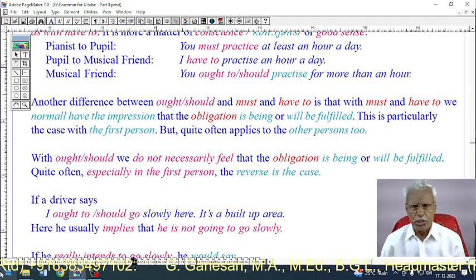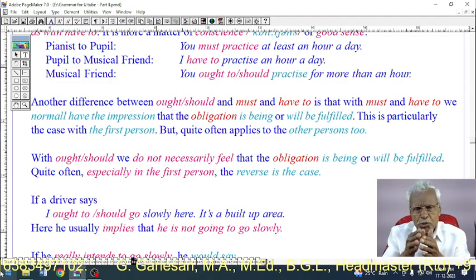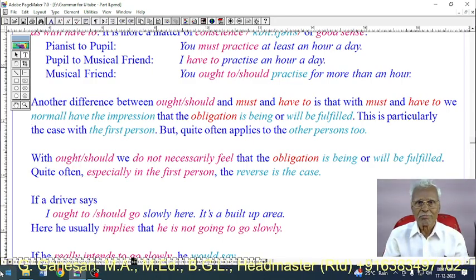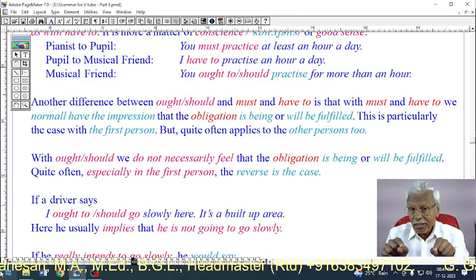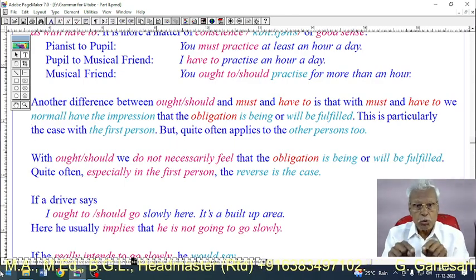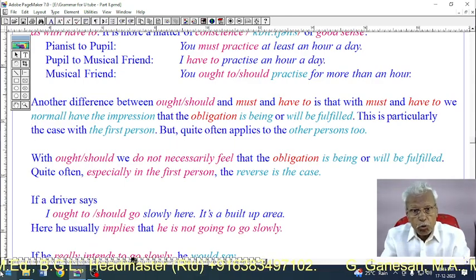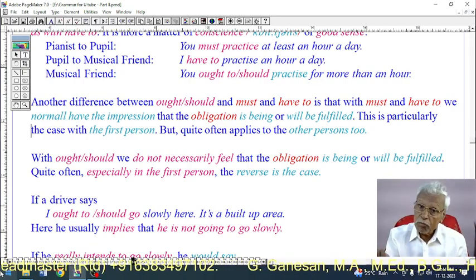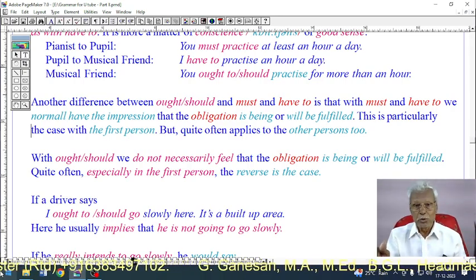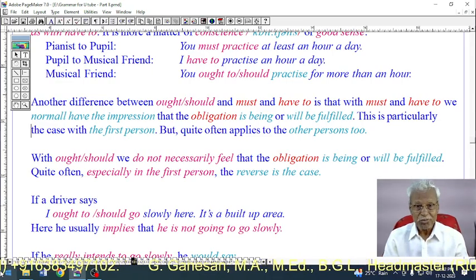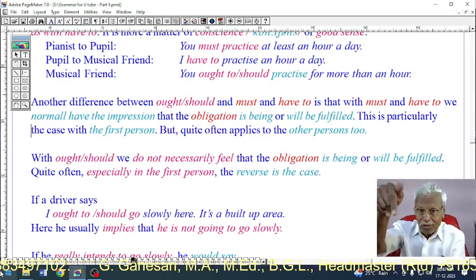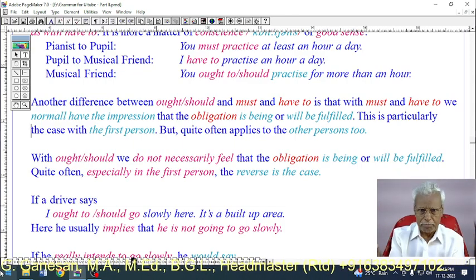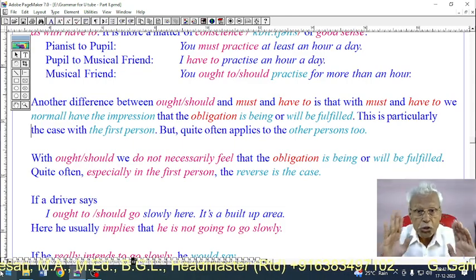That is, dear students, when we use must or have to, we feel the obligation or duty is being or will be fulfilled. But when we use should or ought to, we do not feel that the obligation will be fulfilled. It may or may not happen, but we are not sure about it.